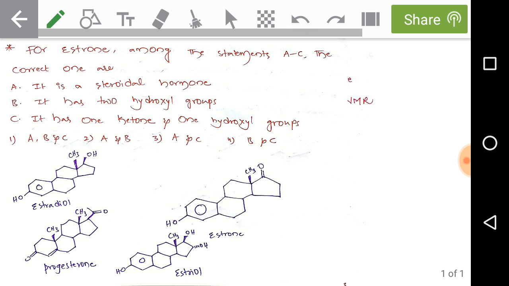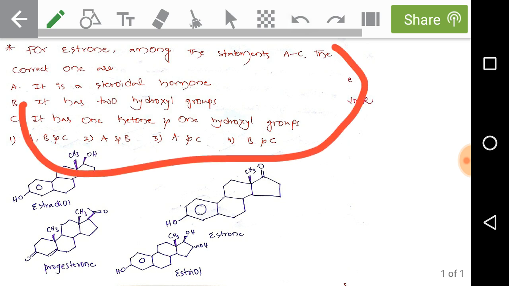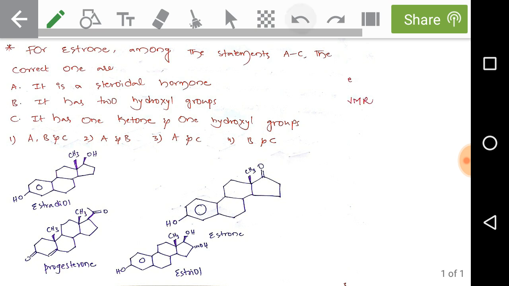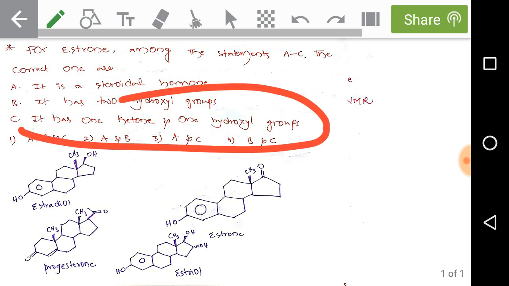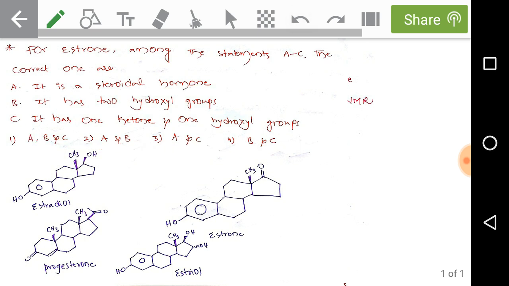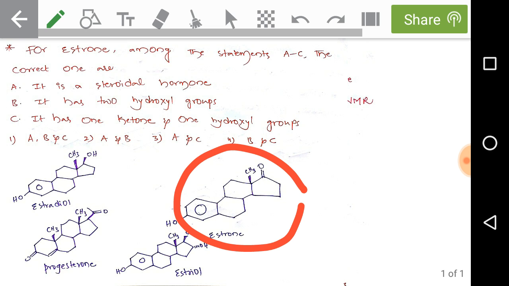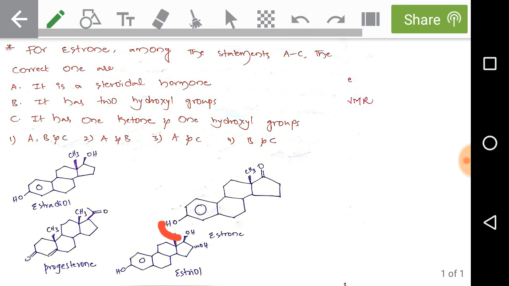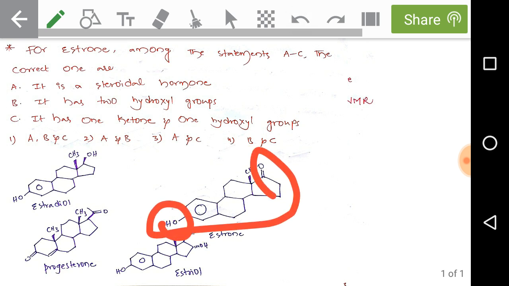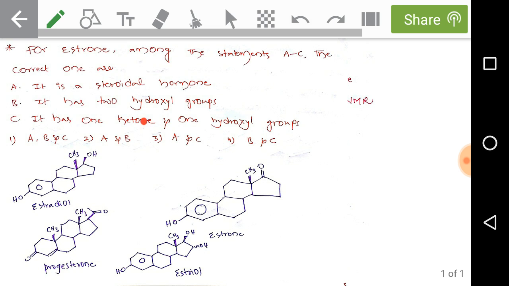Next one, for estrone, among the statements A to C, the correct ones are: it is a steroidal hormone, it has two hydroxyl groups, it has one ketone and one hydroxyl group. So here we have been given the female hormone, that is estrone, and this is the structure of estrone, which contains one hydroxy group and one keto group, one ketone and one hydroxy group, that means option C is the correct one, and it is a steroidal hormone.